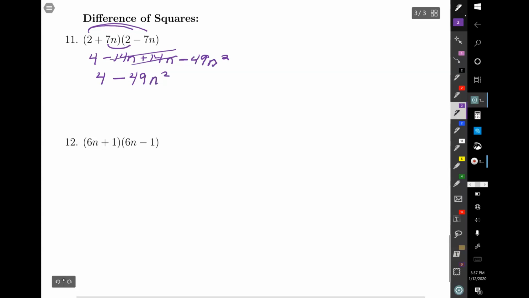So now you can notice that 4 is a perfect square. We have this subtract, which is a difference. That's what we call it. 49 is a perfect square and n squared is a perfect square. So my final answer is 4 minus 49n squared. It's a difference of two squares.